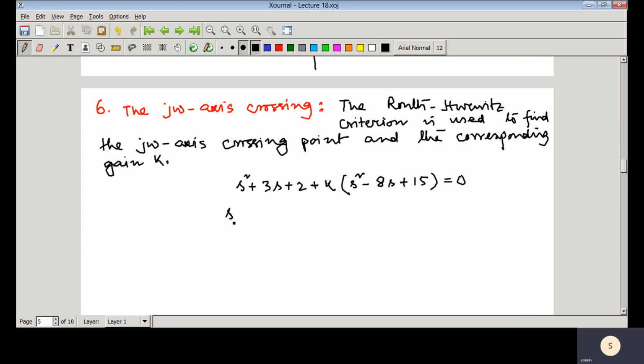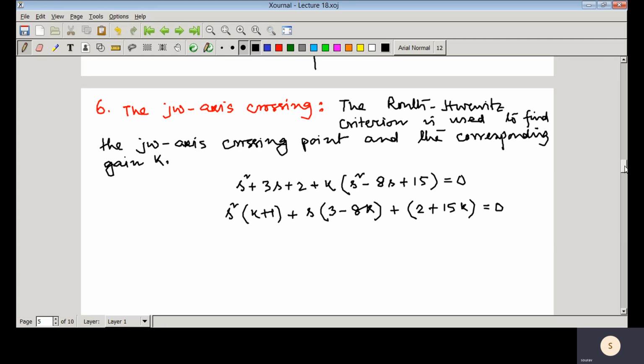Taking s square common, we get (1 plus K) s square plus (3 minus 8K) s plus (2 plus 15K) equal to 0.